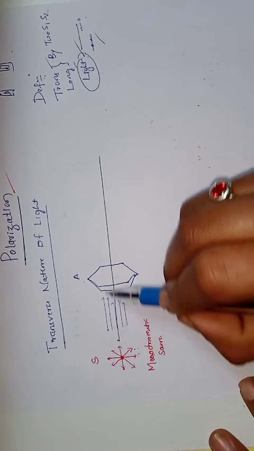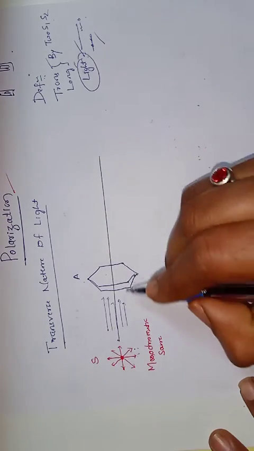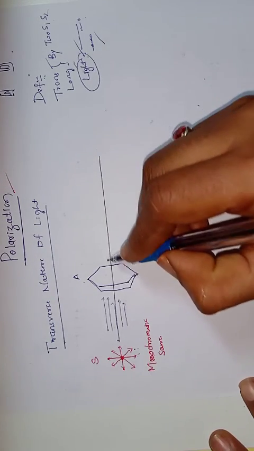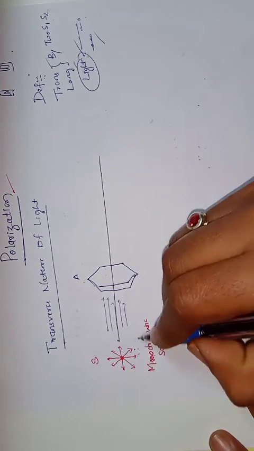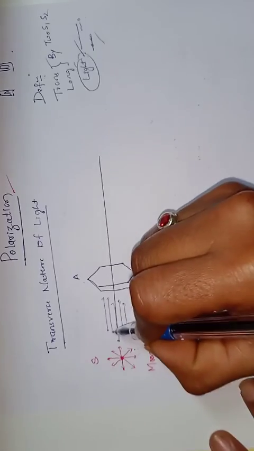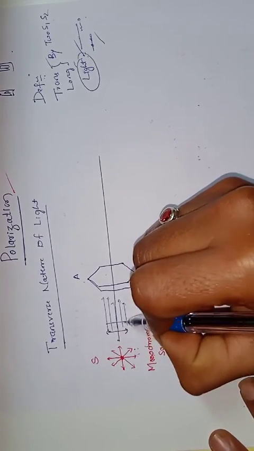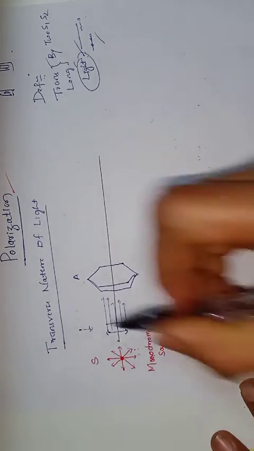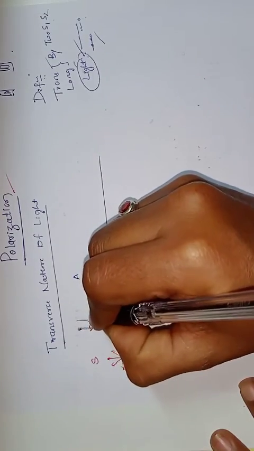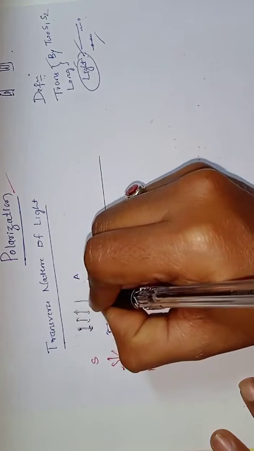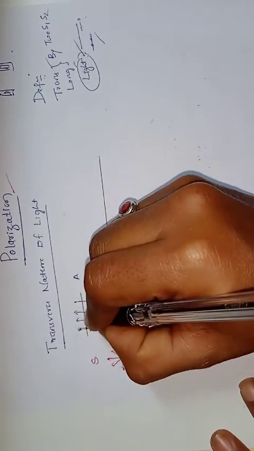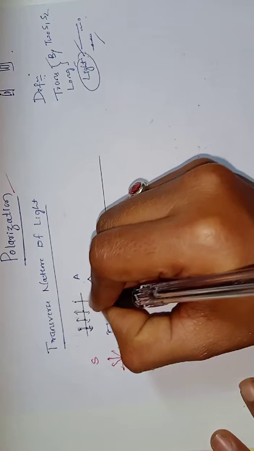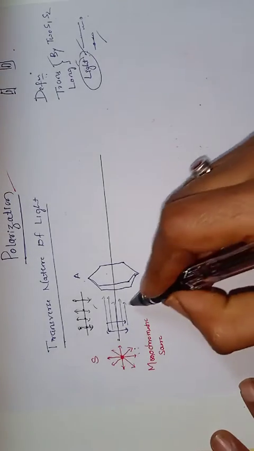When it falls on tourmaline crystal A, we will indicate the unpolarized light like this: both parallel rays and perpendicular rays are there.